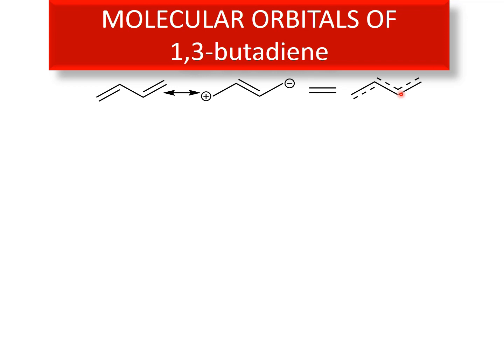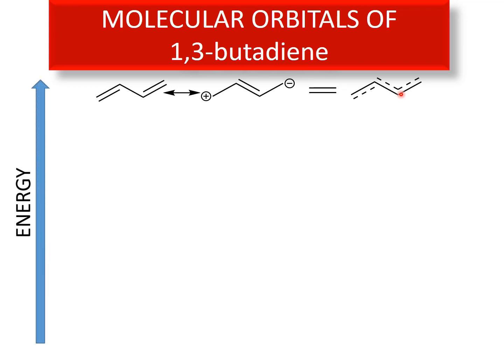We will learn how to draw the molecular orbitals of 1,3-butadiene, how many molecular orbitals can be formed, and where and how many nodes you have to place in a particular molecular orbital. We will explain this on an energy scale.